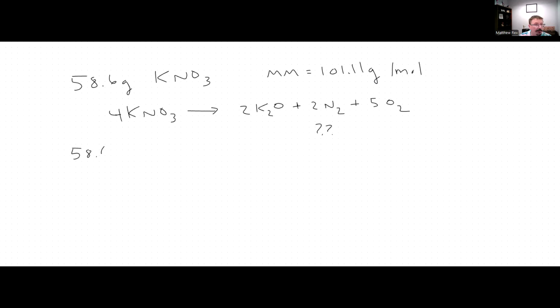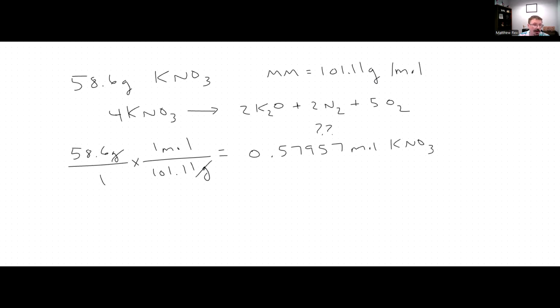So we're going to take our 58.1 grams and we're going to divide that by the molar mass. Gives us 0.57957 moles of KNO3.